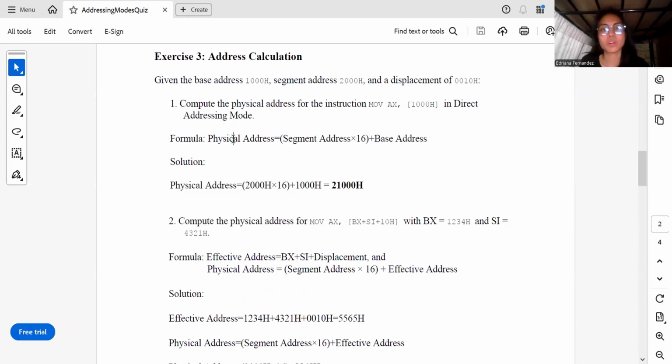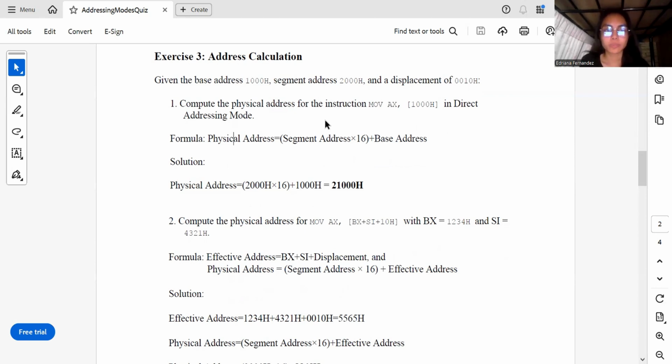Okay, now for exercise 3, let's compute the physical addresses for the given instructions. So number 1, compute the physical address for the instruction move AX, this constant value of 1000H, using direct addressing mode.